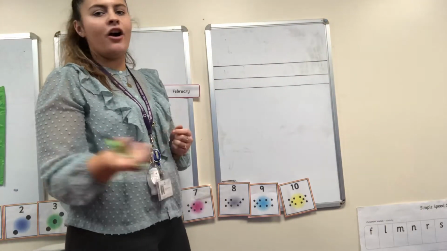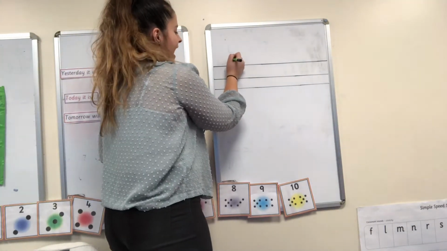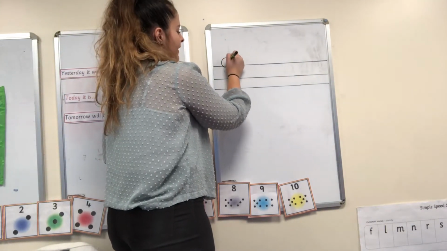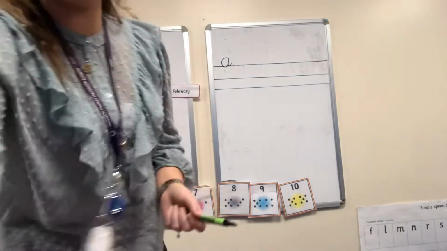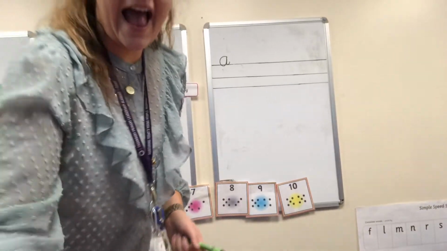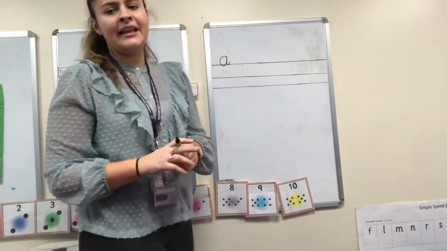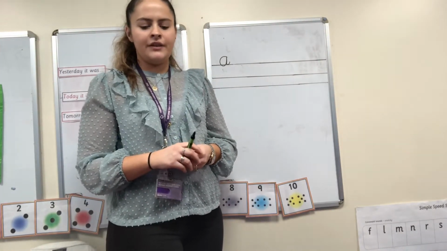A. Now we all know this sound, okay? The first sound is a. Round the apple, down the leaf. A. Now let me bring it a little bit closer so you can see. Now what I'm going to do is give you a few seconds to write this down. So write the word a.